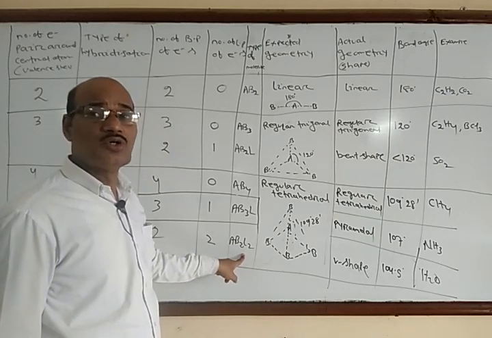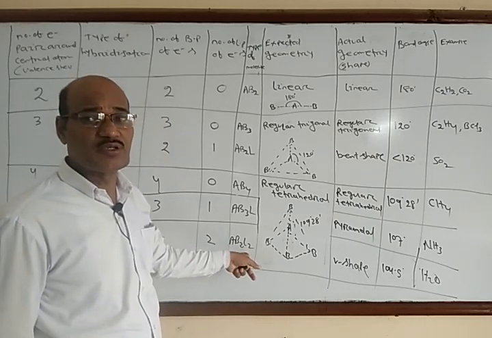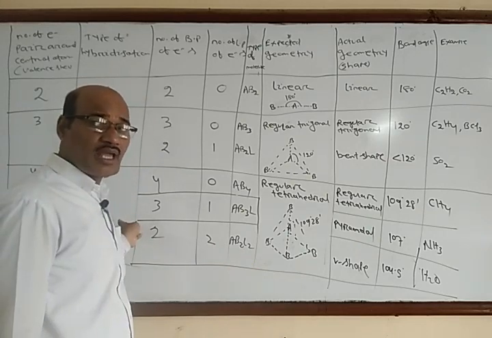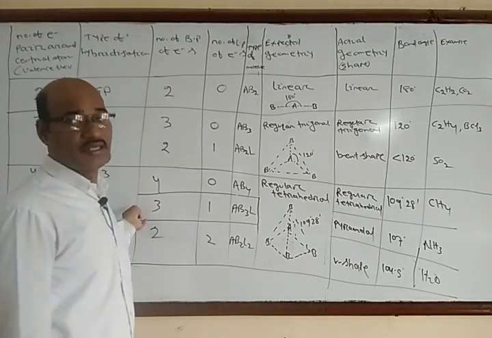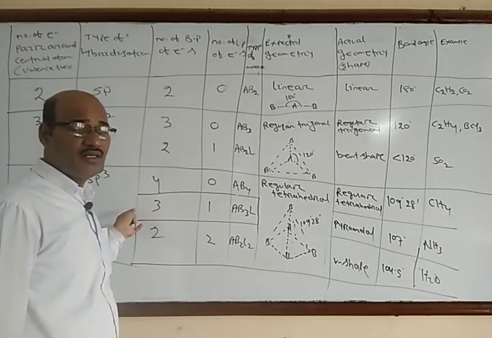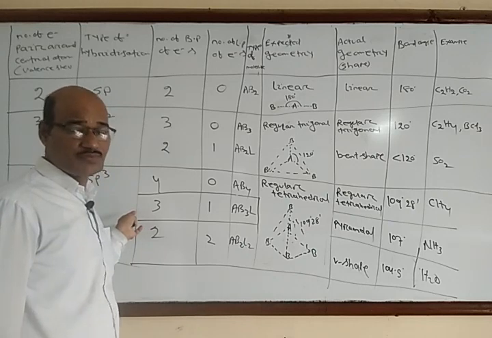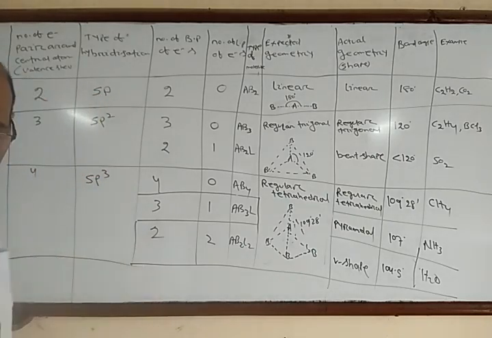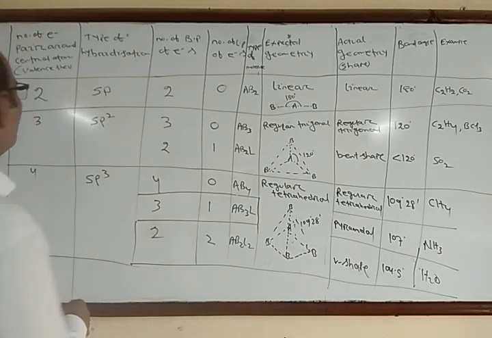Similarly, we can also take the examples of AB5, AB4L, AB3L2, AB2L3, and again AB6 type, AB5L, AB4L2, and so on. Let us have other types of molecules.